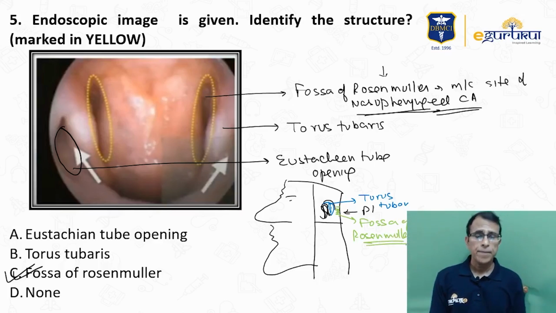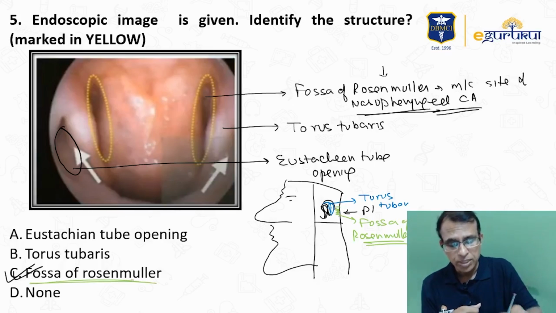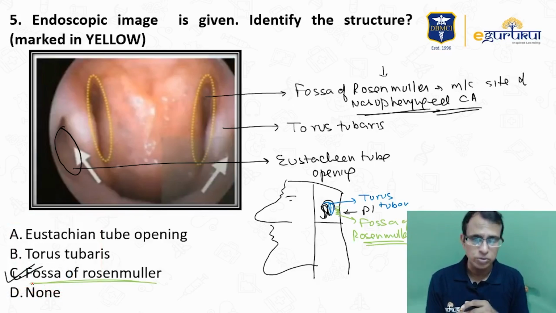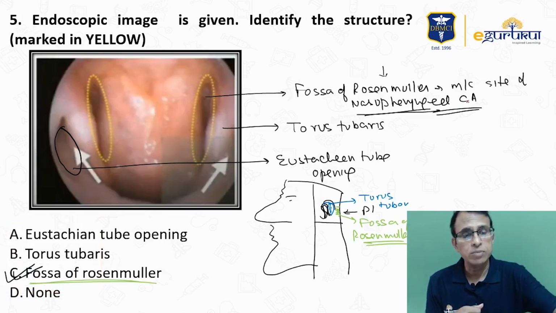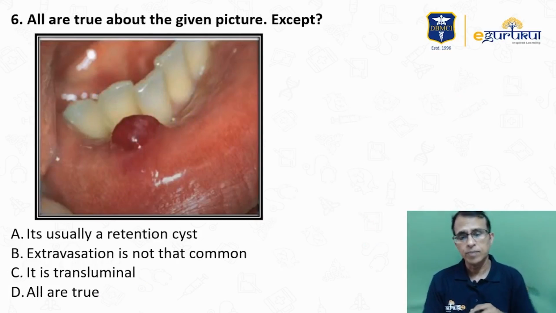So again, we have done it, differently actually, but it's the same thing. So a little bit of inquisitiveness. This is not a new question, only they have shown an endoscopy instead of an image or a diagram. We show you diagrams, they have shown an endoscopic image from the front. So not a difficult question at all. Everybody knows this name, fossa of Rosenmuller, those who have studied, because it is the most common site of nasopharyngeal carcinoma. So extremely important question. Next one.